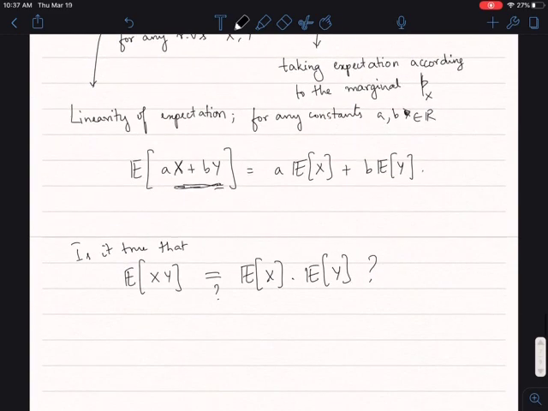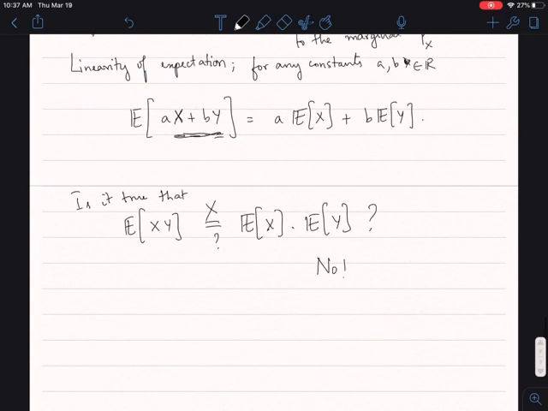It turns out the answer is no. This is not equal in general. However, this equality holds when x and y are independent.